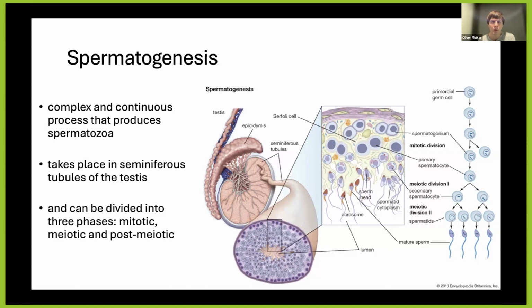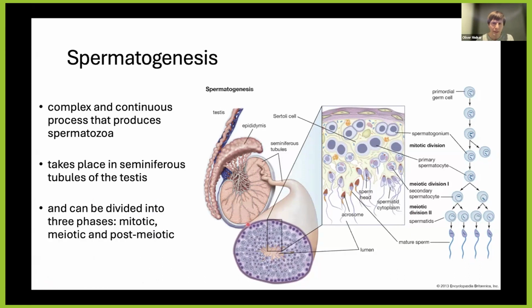If you look closer into the testis, you see that it consists of these fine tubules, or tubuli, and the spermatogenesis takes place in these tubuli. It takes, I don't know, can you see my mouse or not? We can. All right.